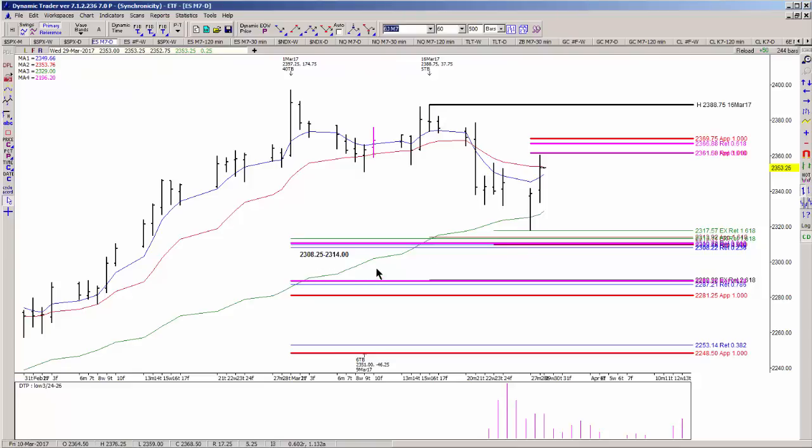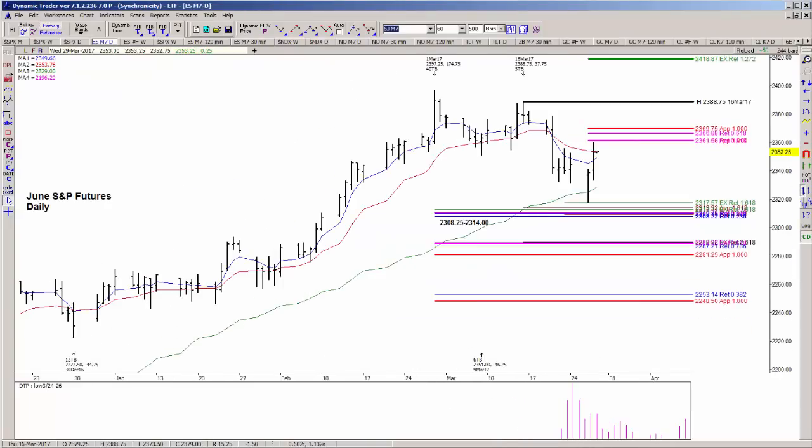That came in at the 2308 to 2314 area, but we ended up making an extension of, I guess it was this prior swing here. That's where we ended up putting in the low directly into the time window for a low, and now that takes us to our next decision, okay?